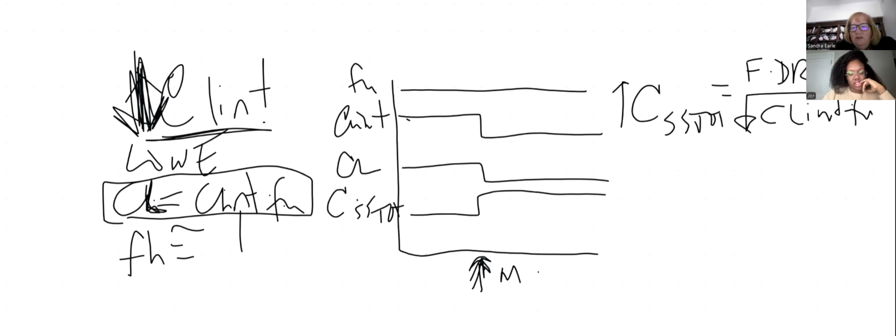And how about Css free? Well, Css free is just total times fraction unbound. But we also know that the only time there's going to be a difference between total and free is if there's been a binding change, because the only difference between total and free is the fraction unbound, right? Has there been a binding change? Well, if something is inhibited, wouldn't that be yes?